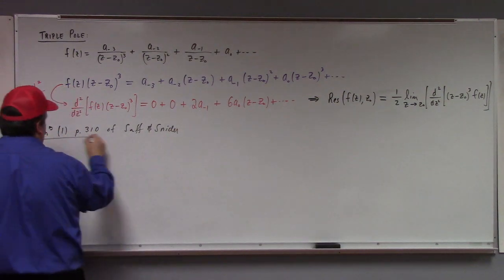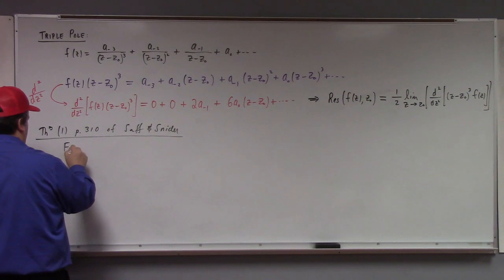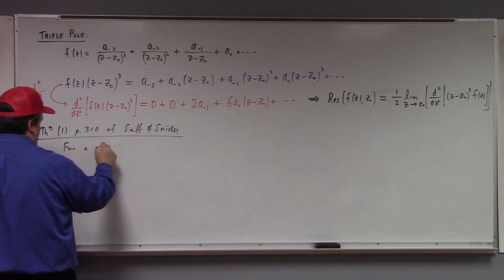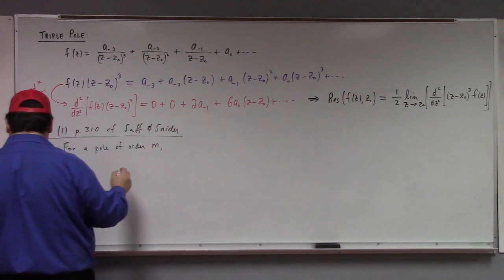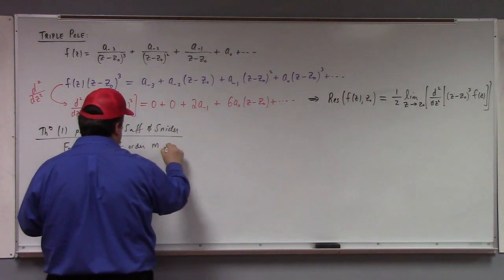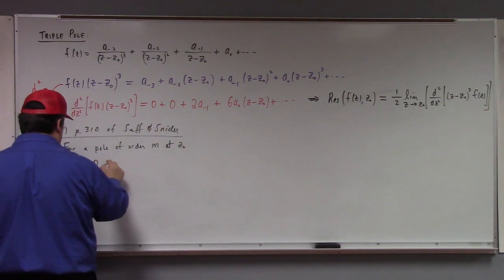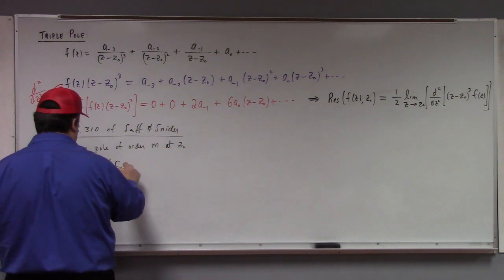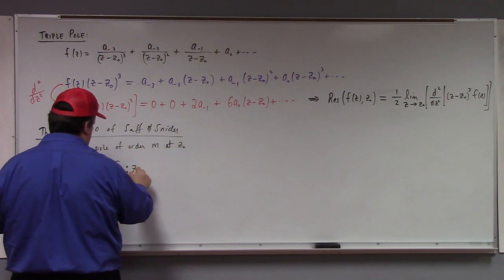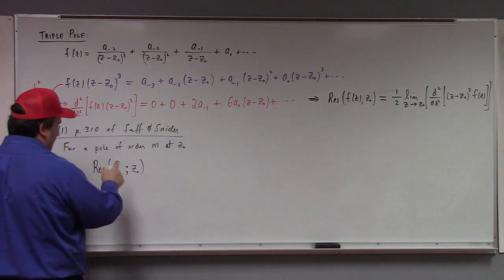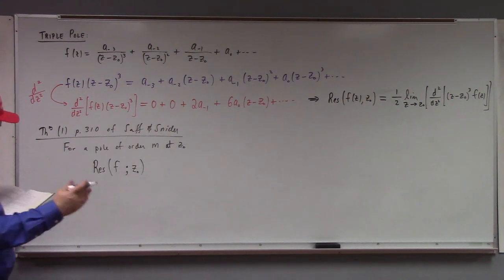And there we find, for a pole of order m at z naught, the residue of f, and I'm supposed to be putting semicolons between f and the z naught, but you can forgive me. Some books put semicolons, some books put colons, some books put commas, whatever.